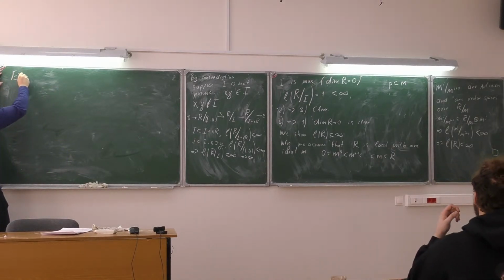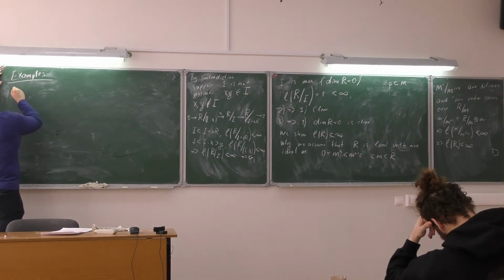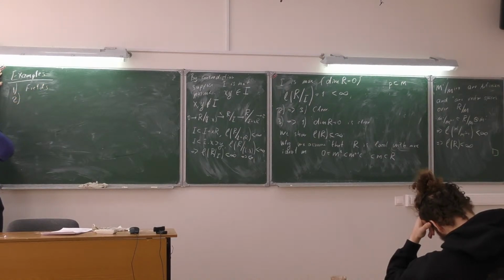So examples. Well, of course, all fields are Artinian rings. That's not a very interesting example. Then, for example, this quotient ring will be Artinian, which is quite clear, since you already see this is Artinian as a module.